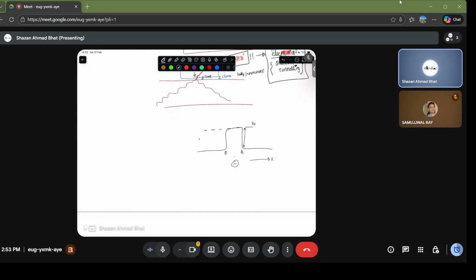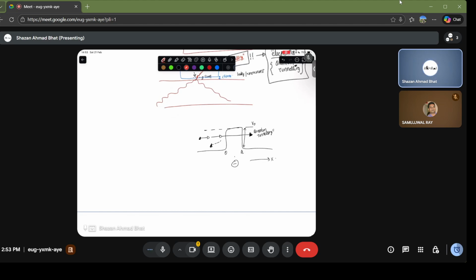Now assume an electron is coming to hit this potential. When the electron comes, it hits this potential. There are two things that can happen. Either this electron will get reflected because of this potential, or something bizarre can happen: it can tunnel through this potential. That is called quantum tunneling, and it is a similar phenomenon.